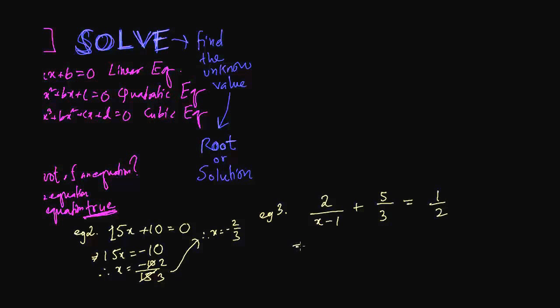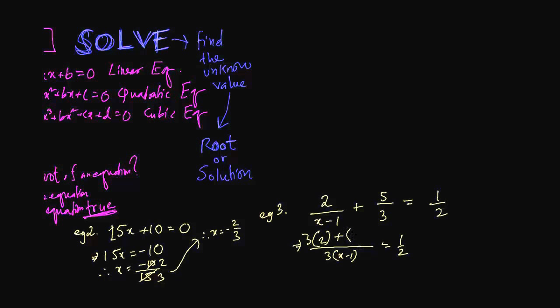Now the first thing we do is take the LCM. We multiply x minus 1 into 3, as the denominator, equals half as before. Multiply upstairs with that: 3 into 2, plus 5 into x minus 1, because there is already 3 here.